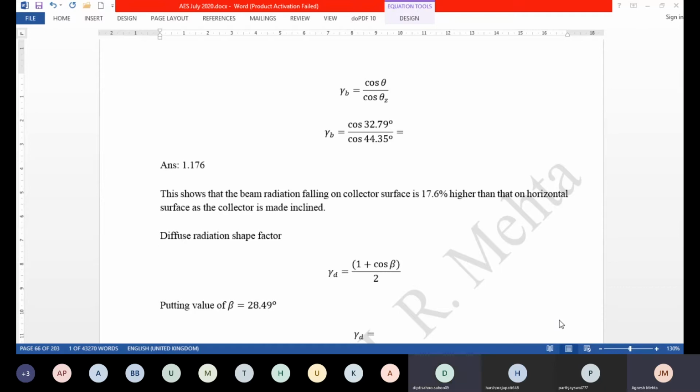What is the value of beta? Yeah, beta is the tilt angle, 28.49 degrees. Yes, so Ujjwal writes that as 0.939. Okay, 0.939.